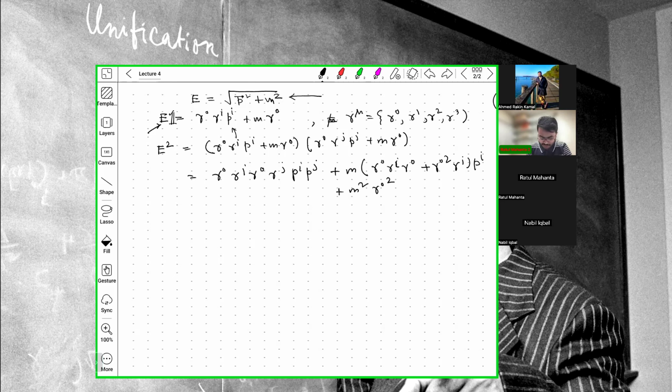Okay, so this quantity we would like to equate with p squared plus m squared times identity. So this should be the case.